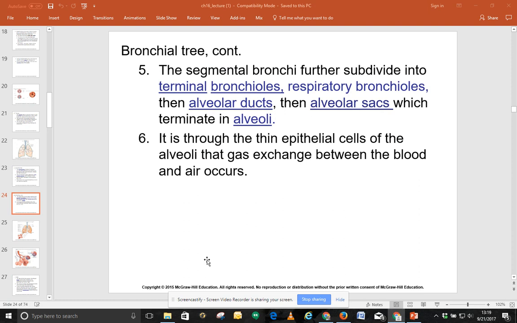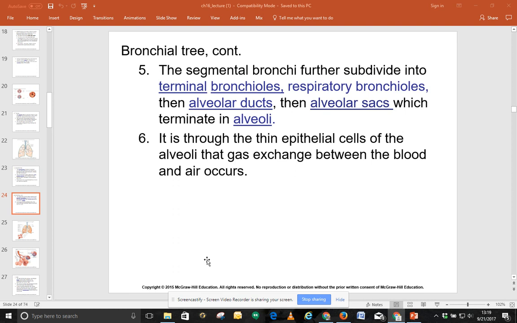The segmental bronchi further subdivide into the terminal bronchioles, respiratory bronchioles, and then the alveolar ducts, eventually ending up as alveolar sacs, which are microscopic, where actual ventilation, or respiration, occurs, and the CO2, carbon dioxide, and oxygen are exchanged. And they terminate into the alveoli.